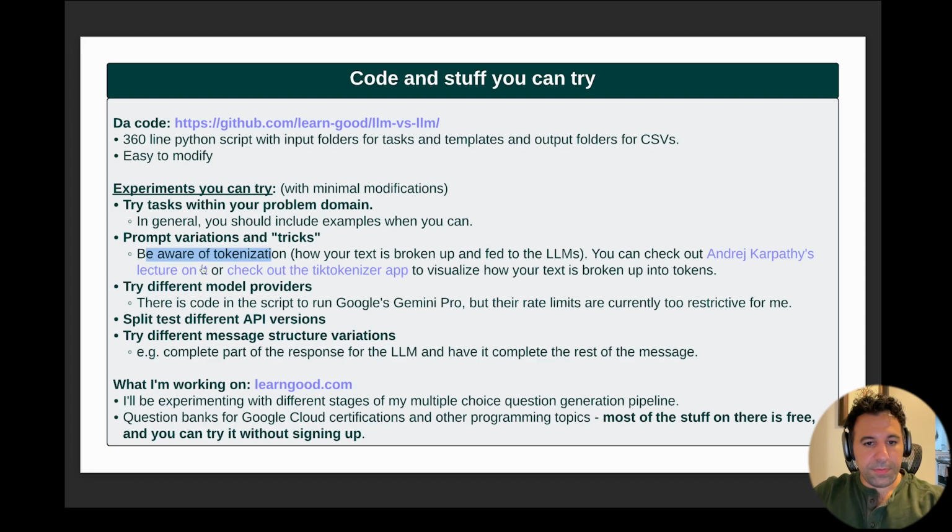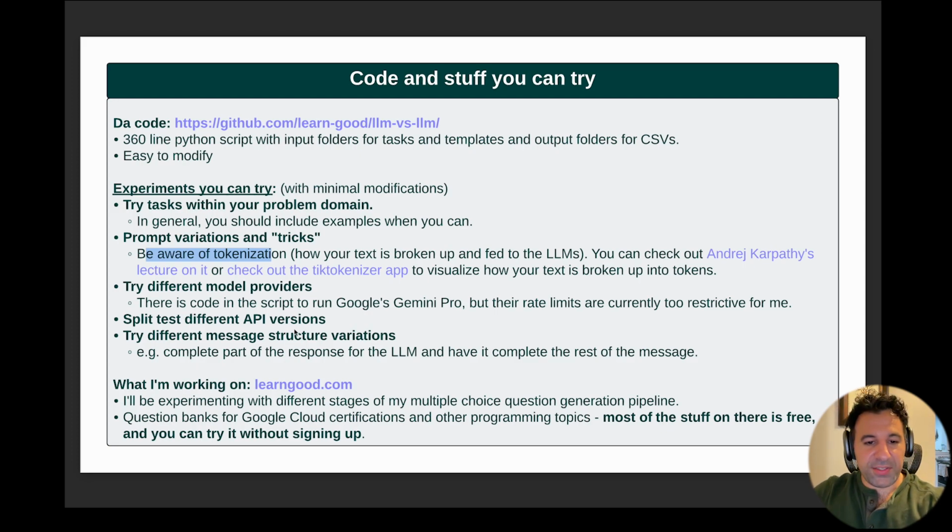Yeah, you could try different model providers. Obviously, I mentioned Google's rate limits being very restrictive right now. I'm sure with Llama 3 being released, there'll be some APIs you could try for that too. That seems very promising. I mentioned this earlier as well: split testing different API versions.